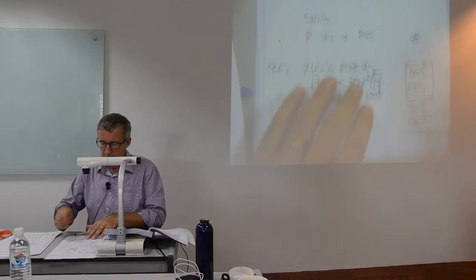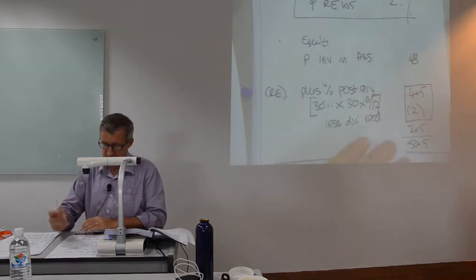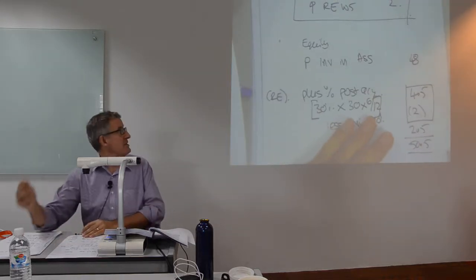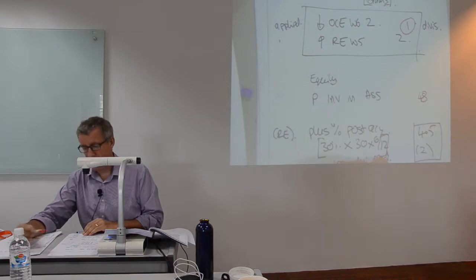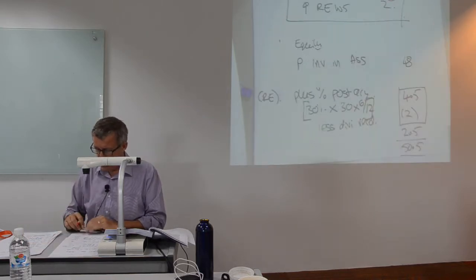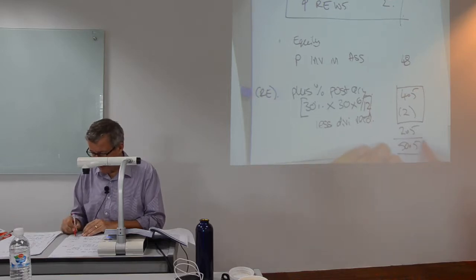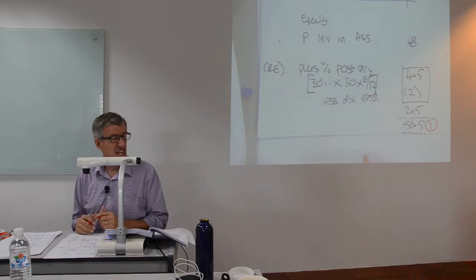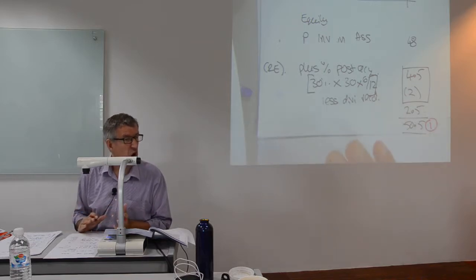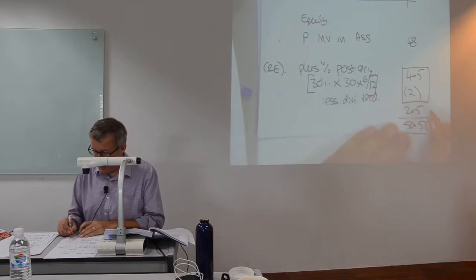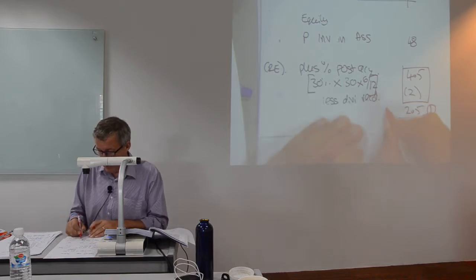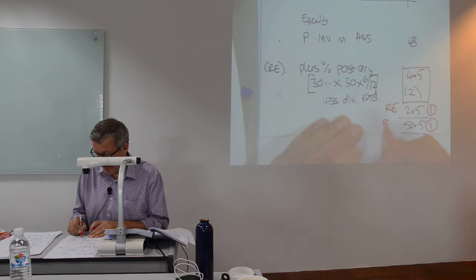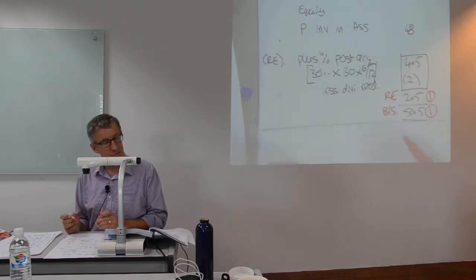You would get 1 mark for dealing with the dividend correctly, half a mark each. You would get 1 mark for putting a figure on the balance sheet, so maybe half a mark if you got it wrong. And then you would get 1 mark for the retained earnings, 1 mark for the balance sheet. But that only makes 3 marks.